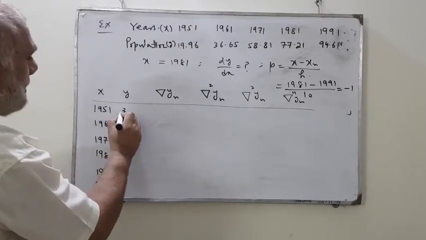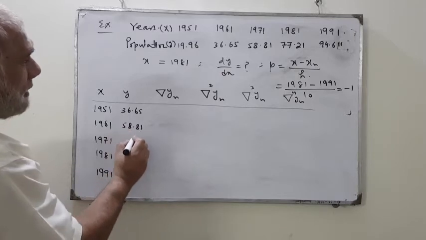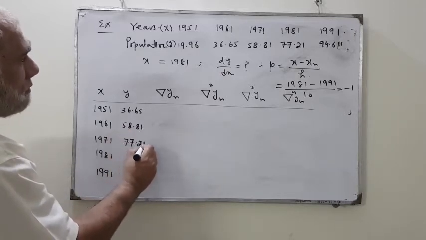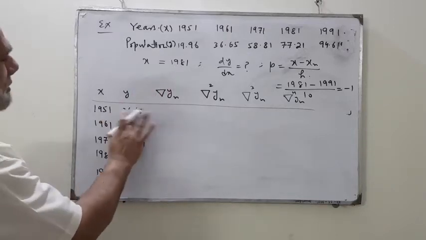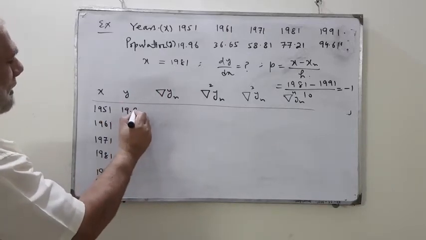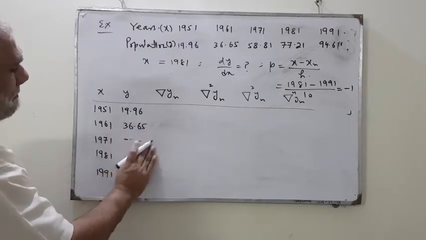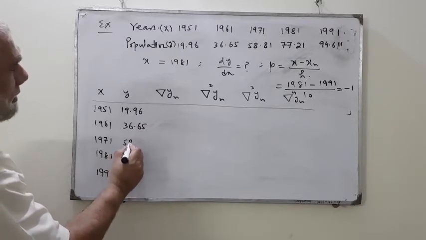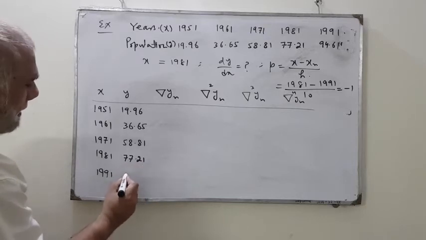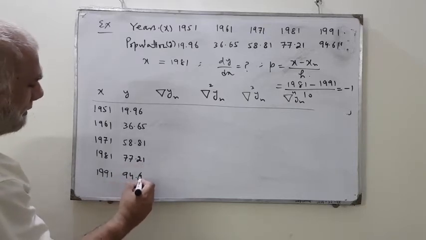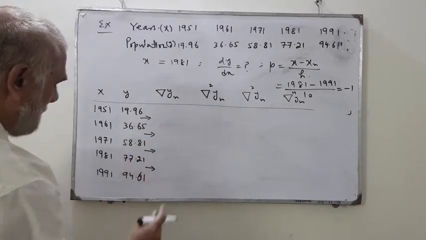And the populations are 19.96, sorry, I missed the first value, 19.96, 36.65, 58.81, 77.21, and 94.61. And the corresponding differences you can obtain by using the same principle.